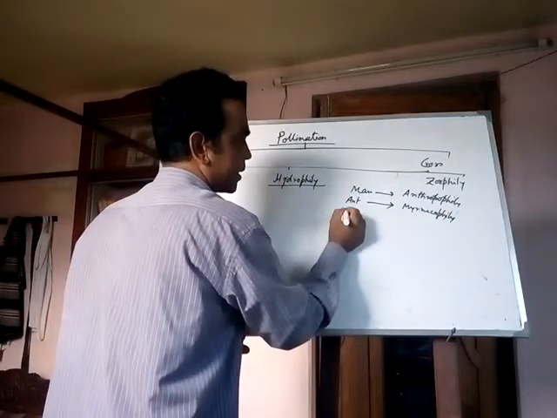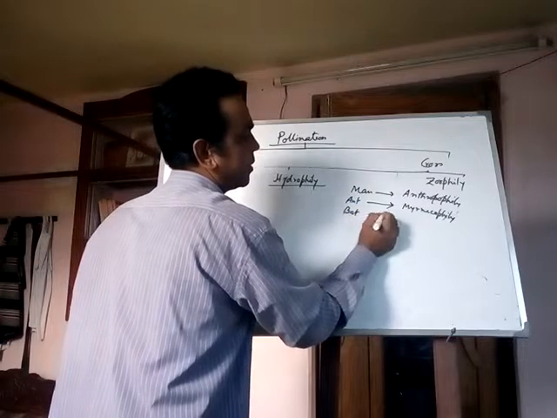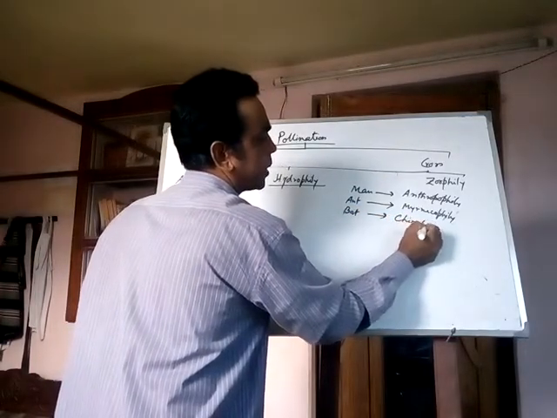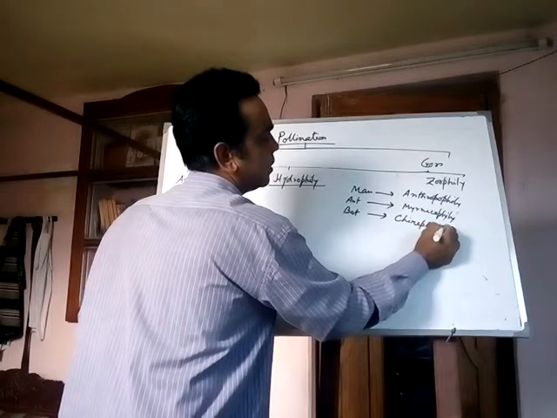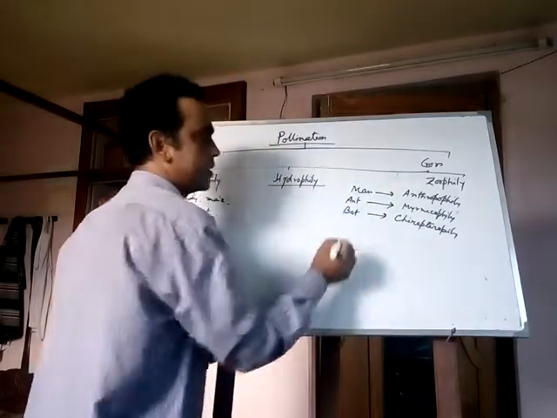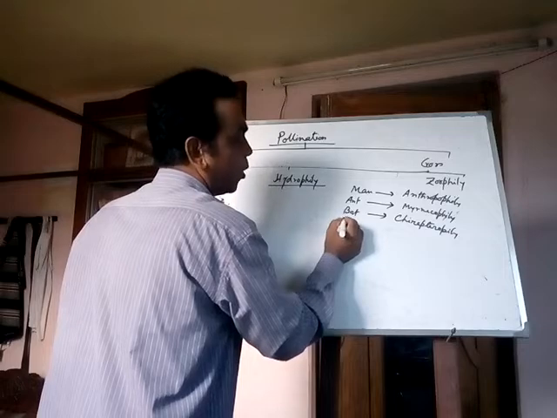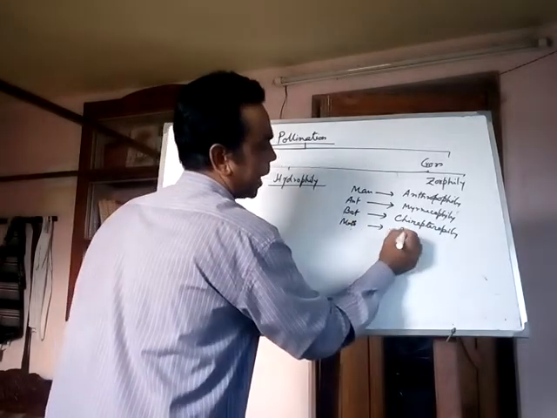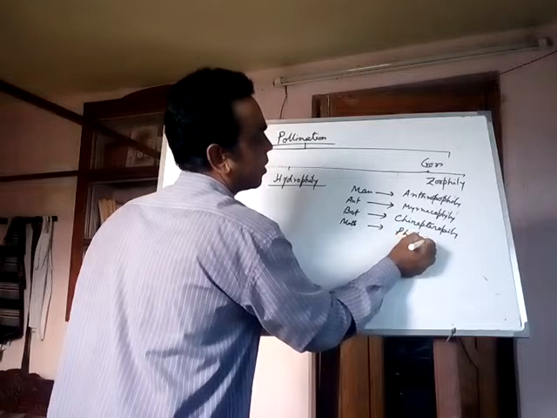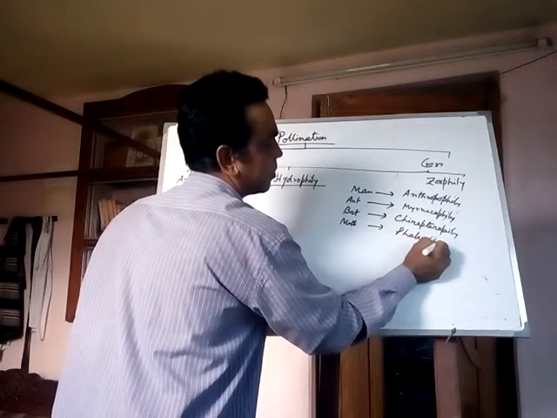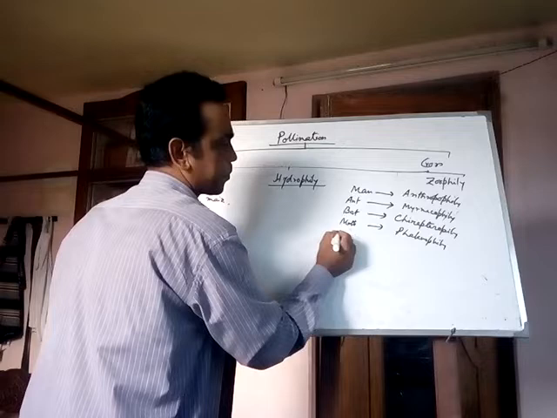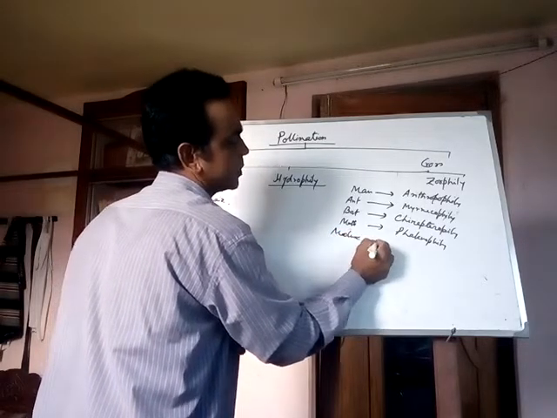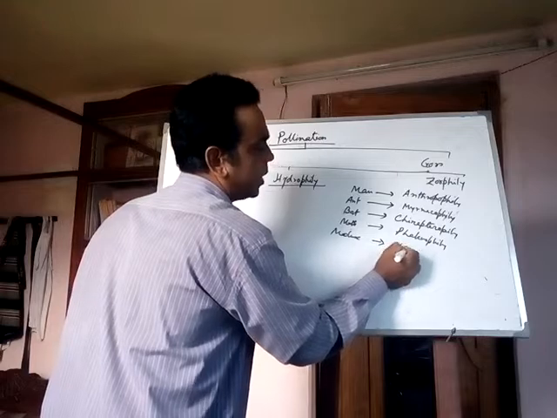When it is bat, it is called chiropterophily. When it is moth, it is called sphingophily. When it is mollusk, it is malacophily.